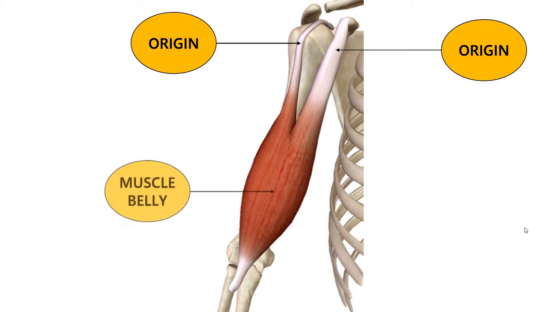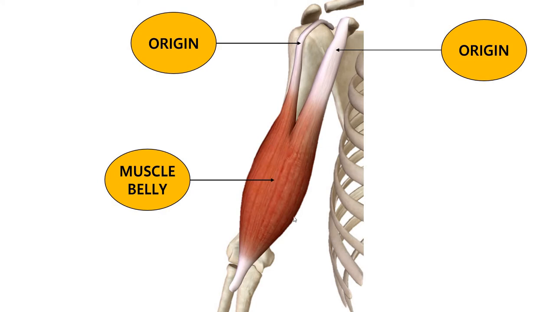We then have the muscle belly itself. This is where we find our sarcomeres and our active muscle tissue, where the active force is produced, and the attachment at the opposite end of the muscle, which is furthest from the midline, we call the insertion.